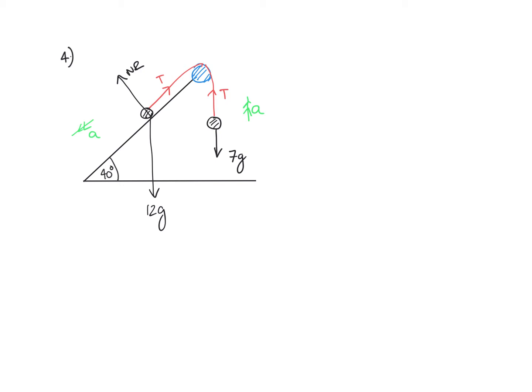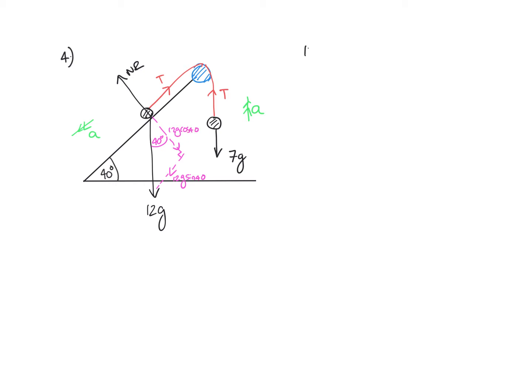So I'm going to draw in the components of the weight like that. It's 40 degrees. So there's my right angle, so that's 12g sine 40, 12g cos 40.